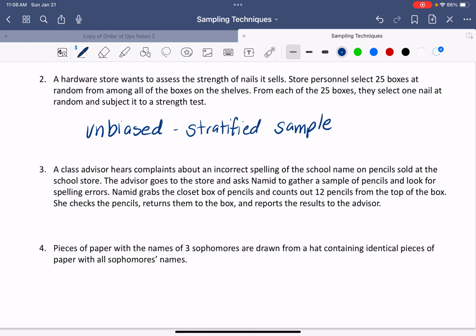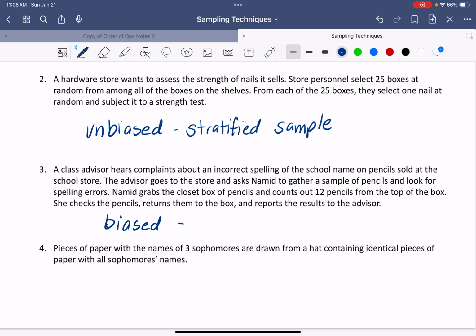So I'm looking at this and I'm like, well, Namid, she just grabs the closest box of pencils and counts out 12 pencils from the top of the box. Did she randomly choose anything? I don't see random anywhere in this. So we are thinking this is definitely a biased sample, okay?